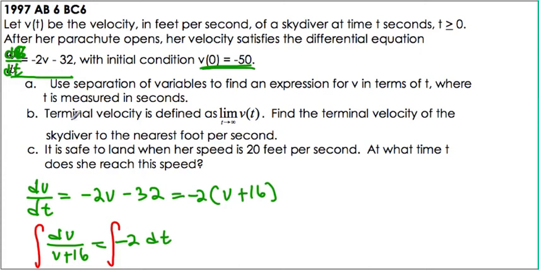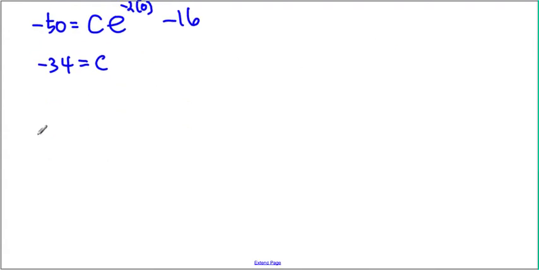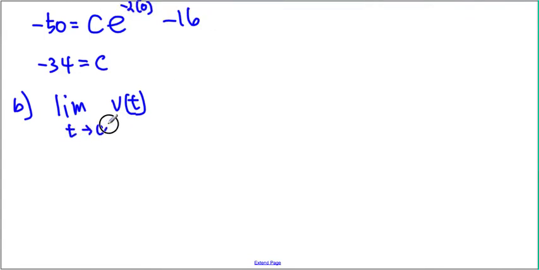Now, B. Terminal velocity is defined as the limit as t approaches infinity. Find the terminal velocity of the skydiver to the nearest foot per second. So here we have, as t approaches infinity, the limit of v of t as t approaches infinity.